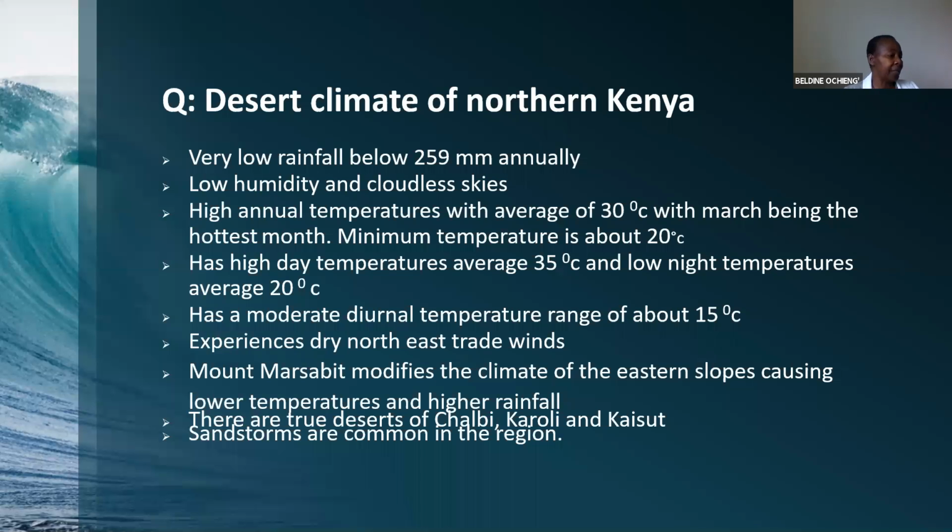The place is open and trees are very few, so there's nothing that holds the sand and the plants. The sand is there. Therefore, sandstorms are very common in this region.